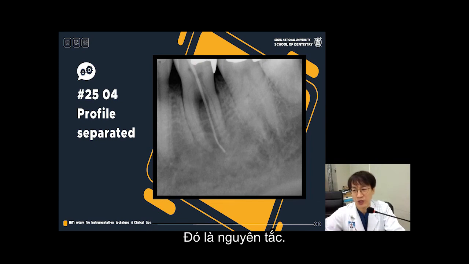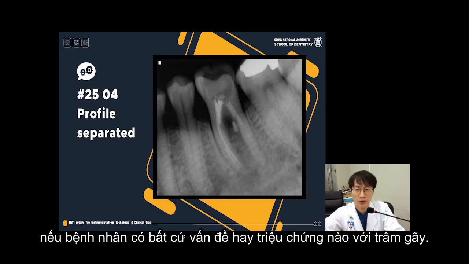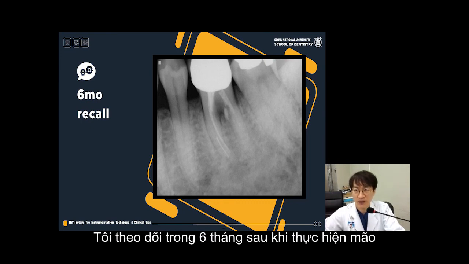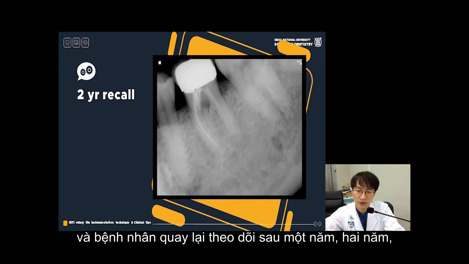That's the rule. So once you have separated, you have to check regularly the patient, the symptom, whether they have problem with the separated file. So I followed up 6 months after the crown, and then patient came after 1 year, 2 year follow up.